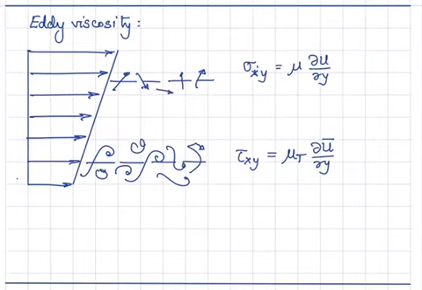Now molecular viscosity, we know it's a function of temperature, but physically, if you go into the details of kinetic theory of gases, where the molecular motion is studied, we can show that molecular viscosity is, not equality, but proportionality, let's say, proportional to the density of the fluid. Higher the density, more the molecules which can exchange.